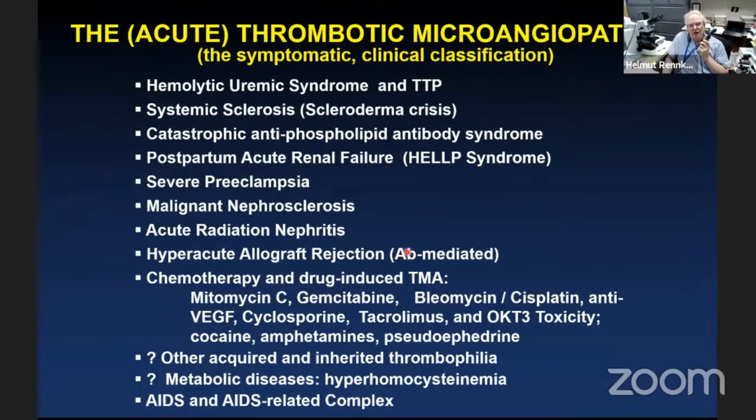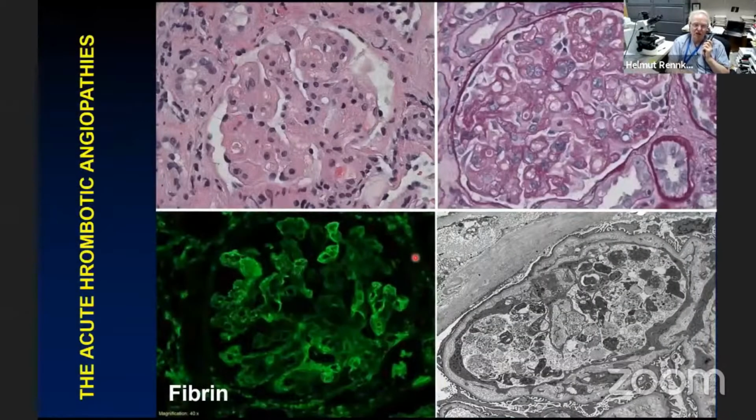This is based on relatively non-specific clinical findings as well, and therefore I think the classification of acute thrombotic angiopathies or chronic thrombotic angiopathies on the basis of clinical presentation alone is potentially dangerous, or at least incomplete.